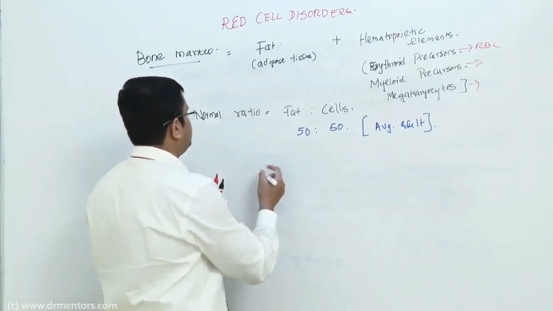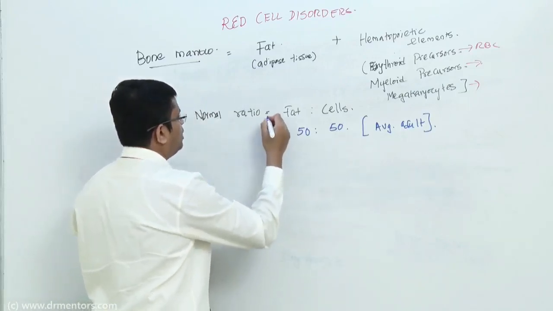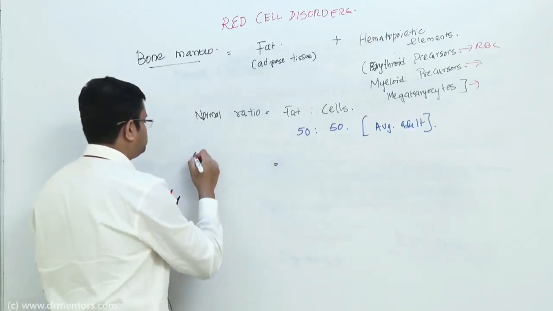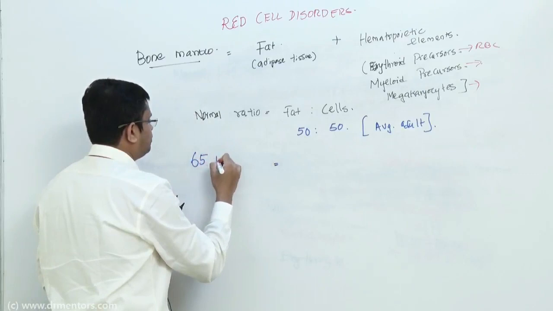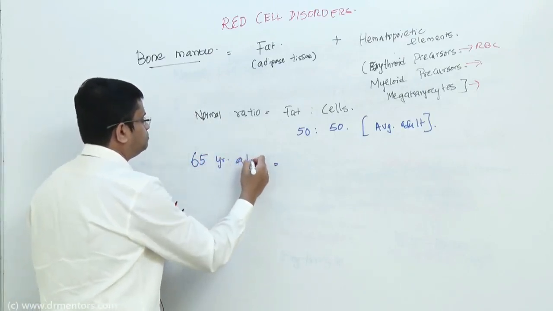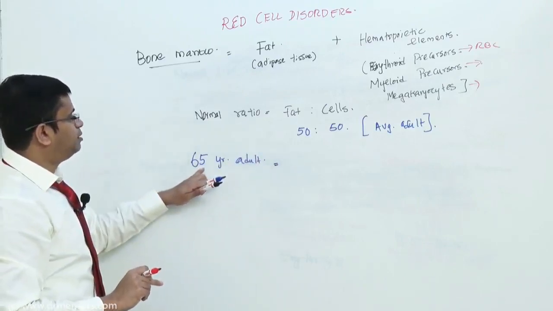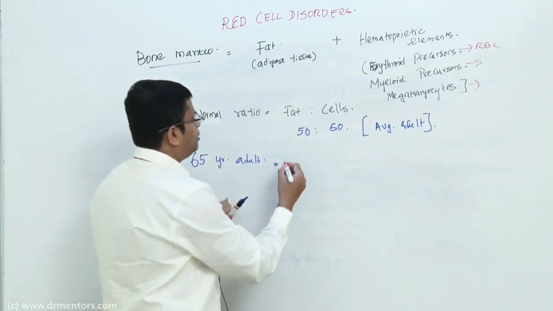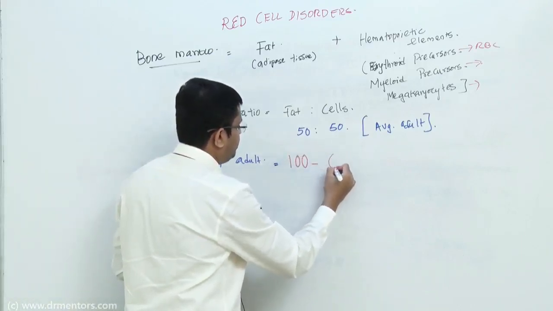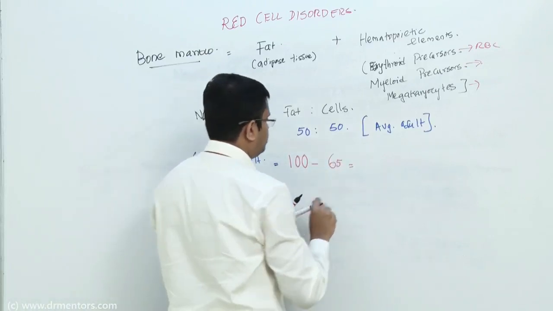Suppose I ask what the marrow size of a 65-year-old adult is. Very simple. For a 65-year-old adult, take the marrow as 100%, deduct his age, 65 years, and you find 35%.